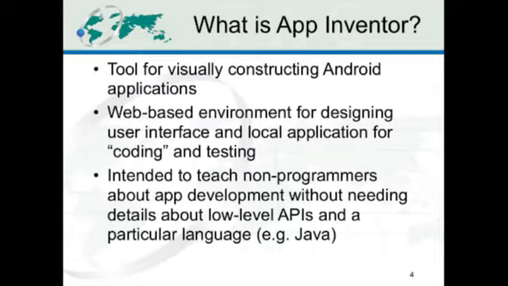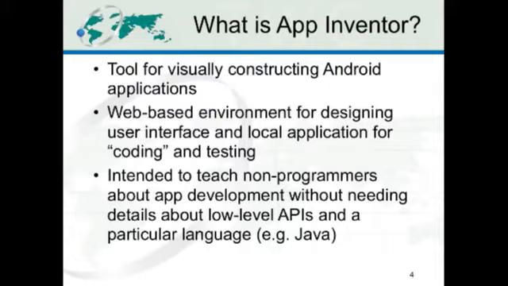And you drag and drop components into the interface, and then there's a local application that provides a blocks editor where you actually build your code out of blocks. And then it has all of the necessary components, so you can do things like have it push the code to your Android device if you've got a phone in debug mode hooked up to your computer, and you can actually go and debug it and run your code and play around with it.